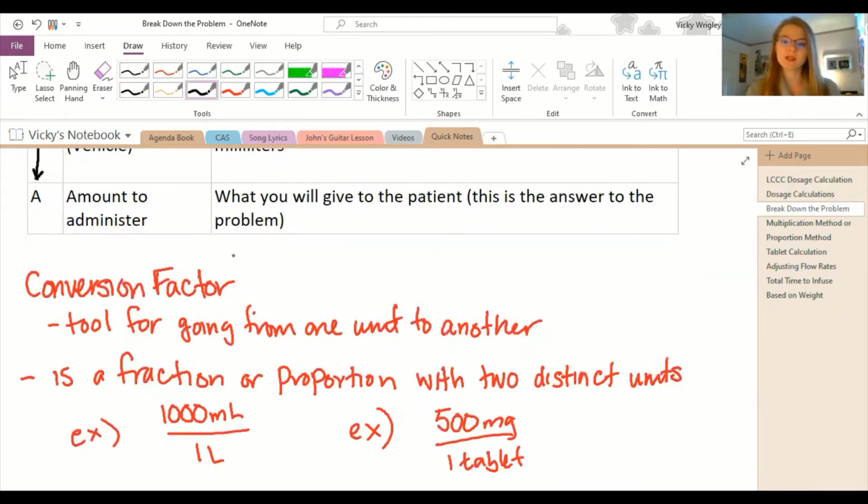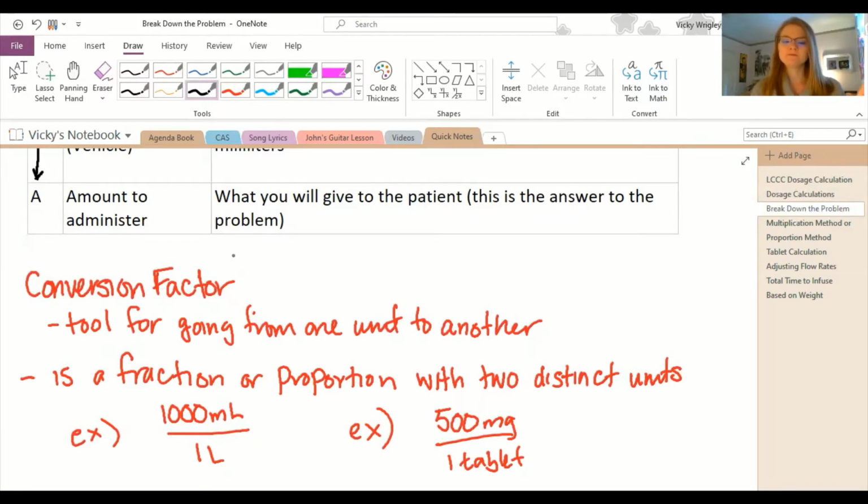Same thing with the second example, 500 milligrams in 1 tablet. This gives you the relationship between how many milligrams of a drug are contained within 1 tablet. Now, these are 2 separate kinds of conversion factors.